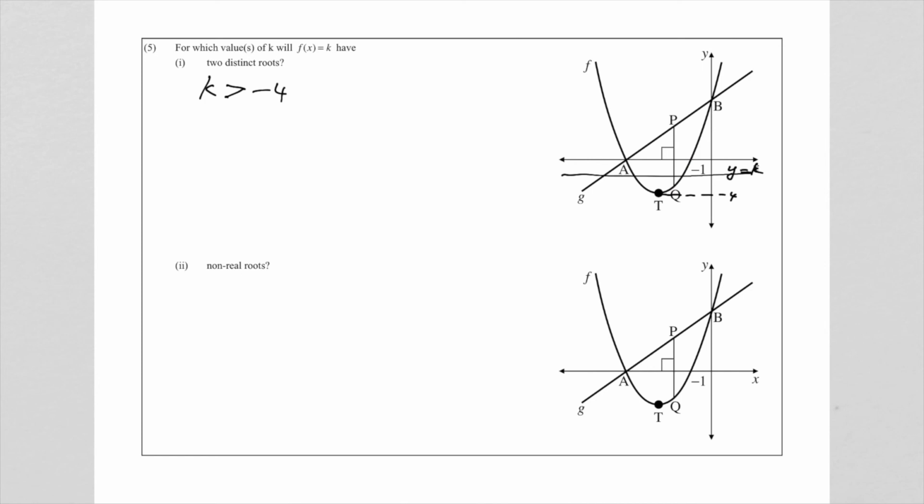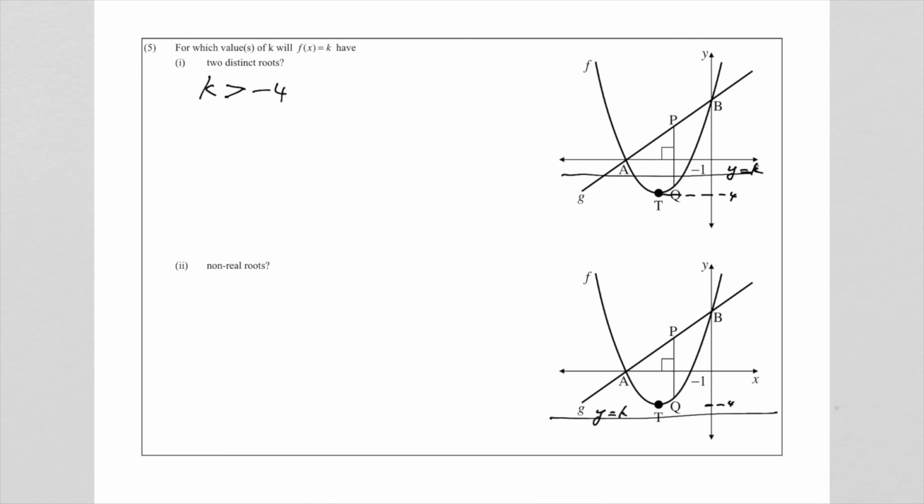In the second one, they say to us the roots are non-real. Now for non-real roots, we draw the horizontal line below the turning point. So let's do that. I'm going to draw the horizontal line below this turning point, and that y value is at -4, and this is the line y equal to k.